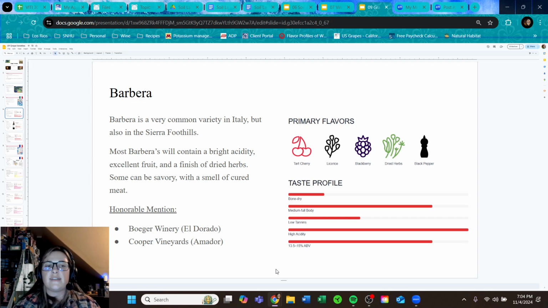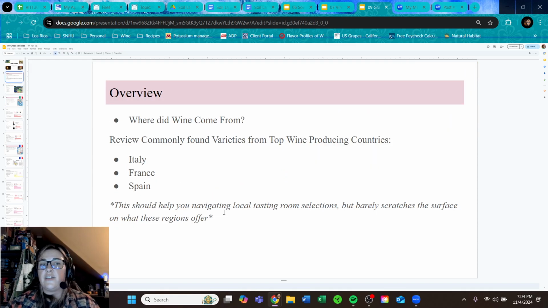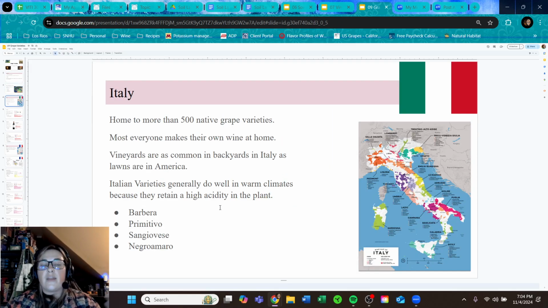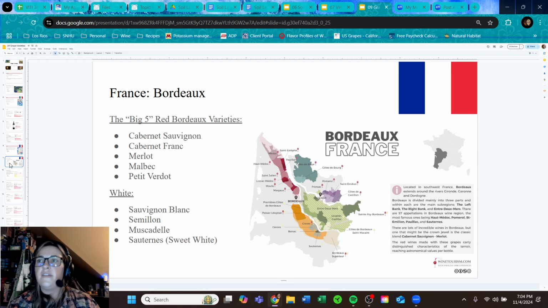And of these varieties that we chose for this presentation, these are some of the most commonly found varieties in the Sierra foothills, right? So a lot of people produce Barbera, Primitivo, Sangiovese, and you can find Negro Amaro in the Sierra foothills too, right? So we have Italy, France, and these are just the tip of the iceberg of these regions.